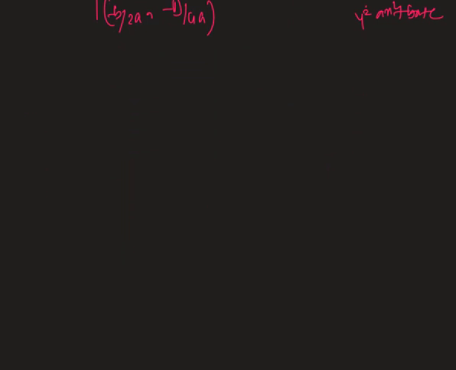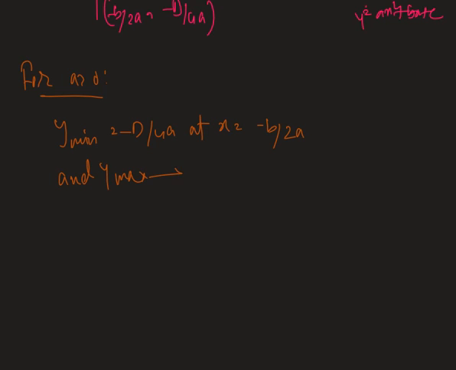Now for a greater than 0, we get y minimum, where y is equal to ax square plus bx plus c, is equal to minus d by 4a at x equals minus b by 2a, and y max tends to infinity.